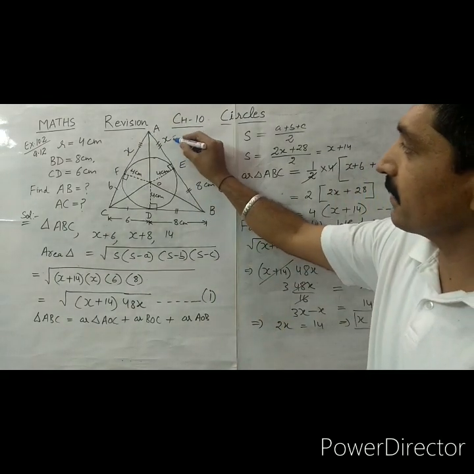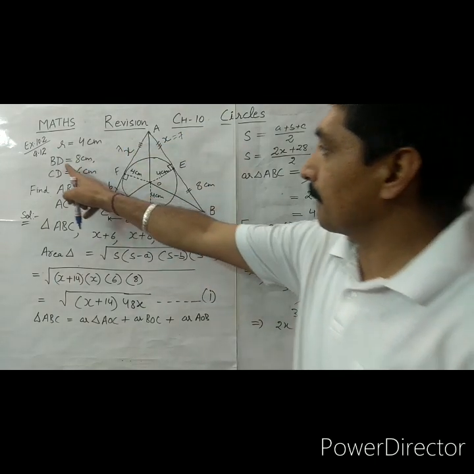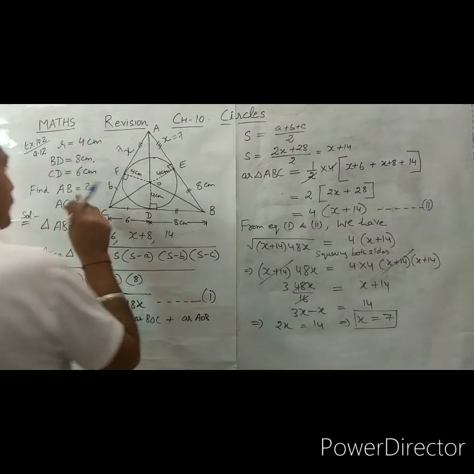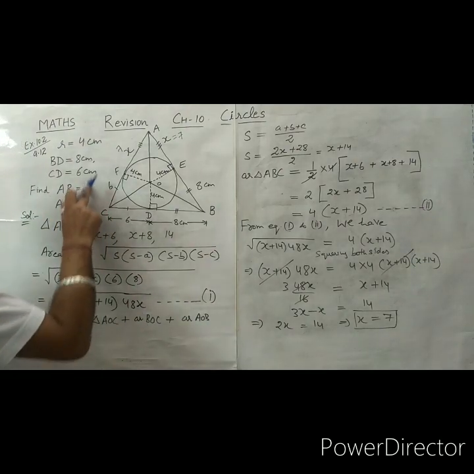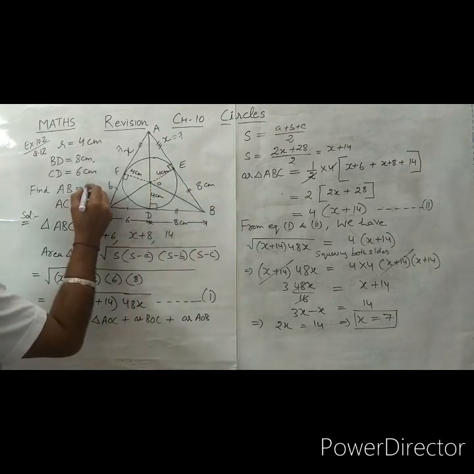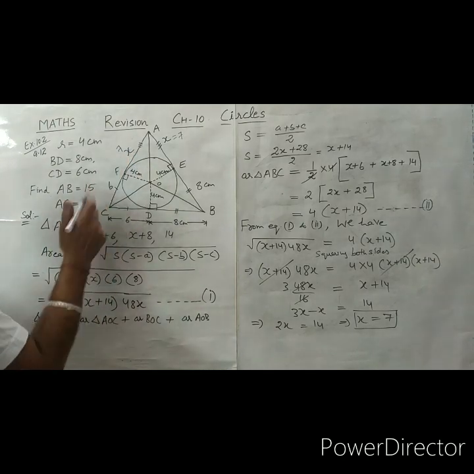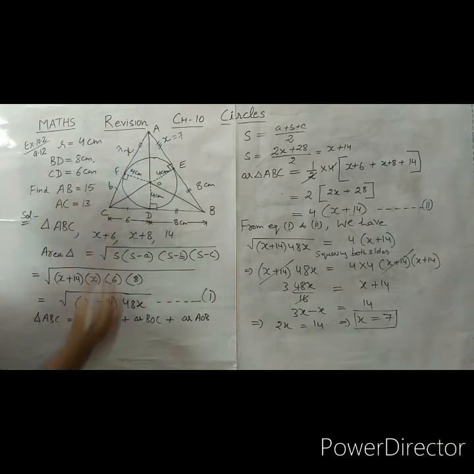This x here is 7. Now what is here? AB is equal to 7 plus 8. 7 plus 8 is 15, and AC 7 plus 6 is 13.